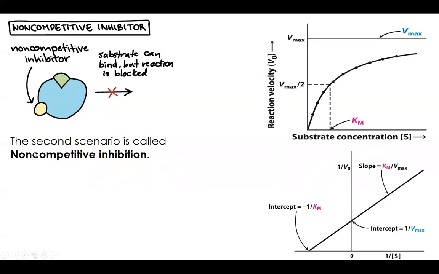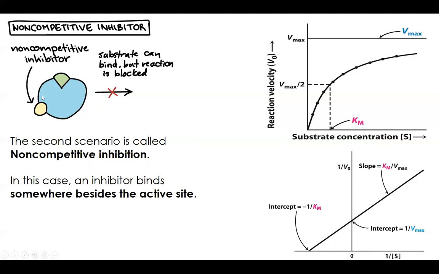So this is a mechanism where the inhibitor binds somewhere else besides the active site. So anywhere else, as long as it's not directly competing with the substrate. Okay, so what we're going to see is what this will do to the Km and the Vmax.